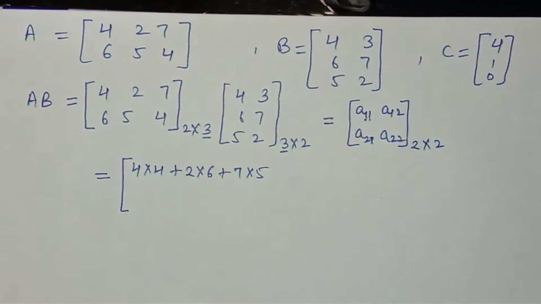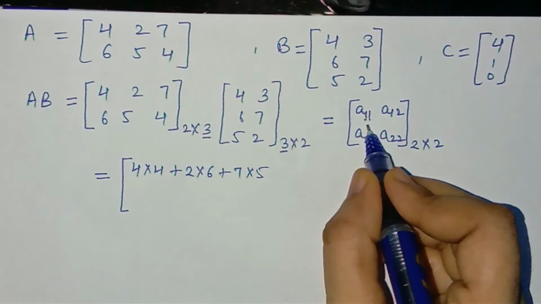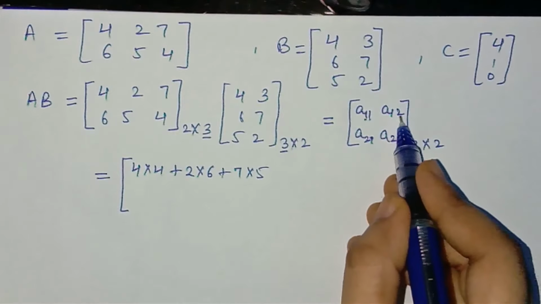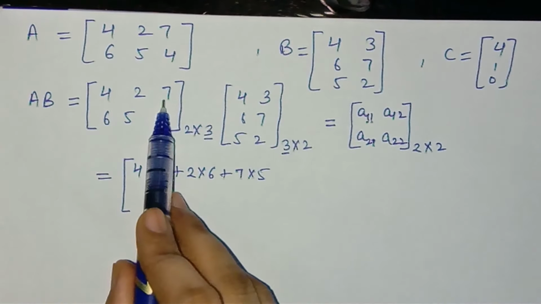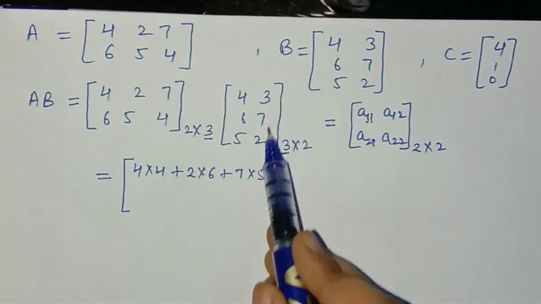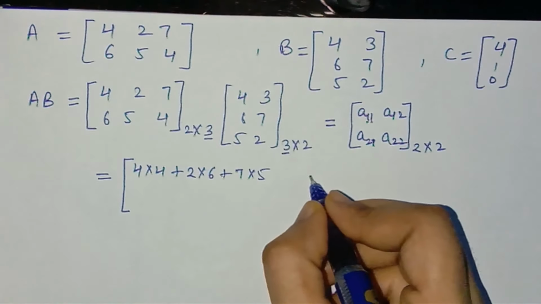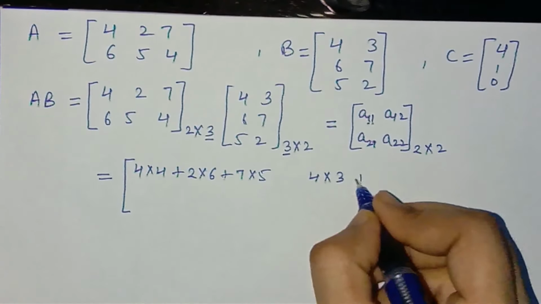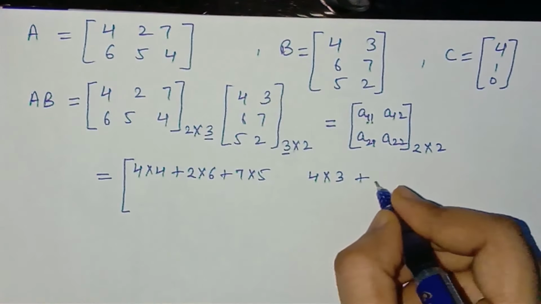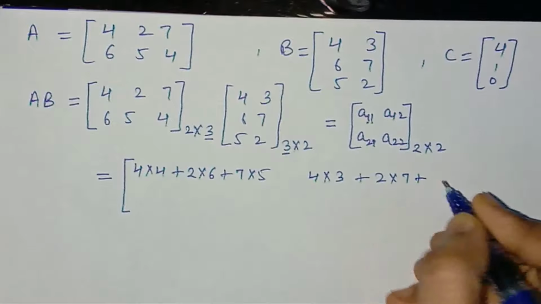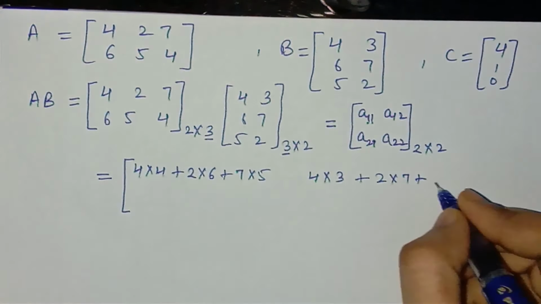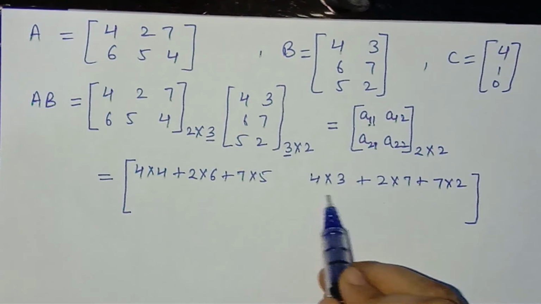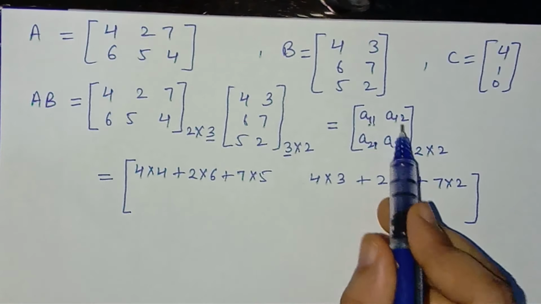If we add all of them, we get the first element, A11. Taking the second element A12, which is the first row of the first matrix and the second column of the second matrix: 4 into 3, multiplied with the corresponding element, plus 2 into 7 plus 7 into 2. If we add these three, we get the A12 element.